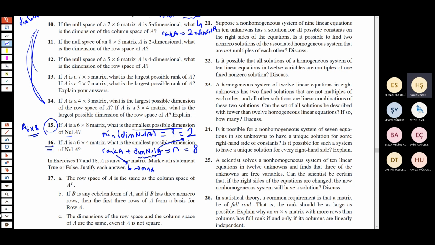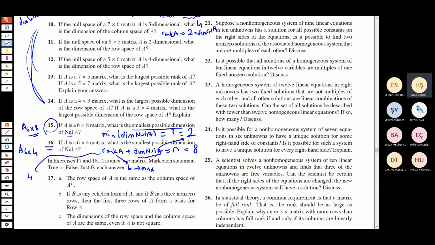For the next question, what can we say? Now the size is 6 by 4. Please consider the same question. What is the maximum value of rank? 4. Very good. Not 6, right? Because we have actually 4 columns.